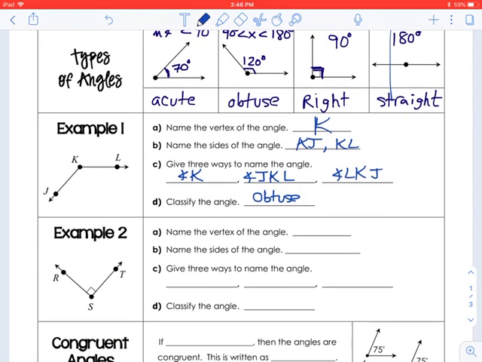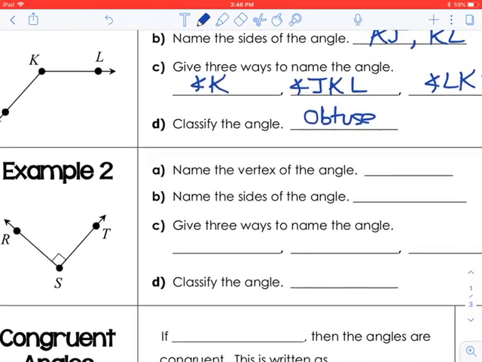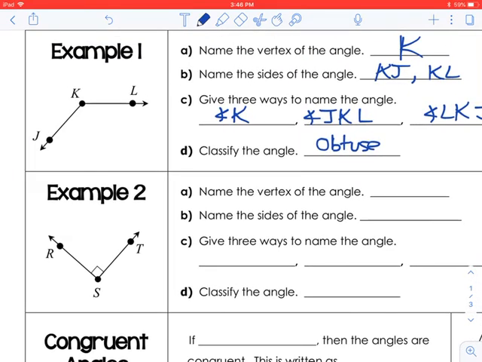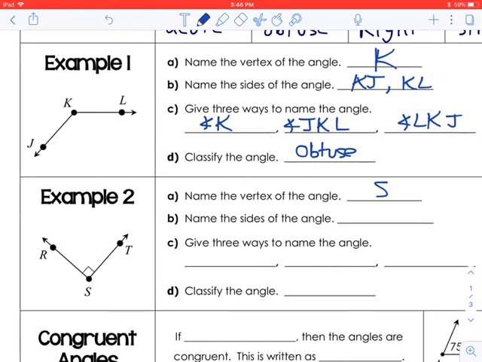Example 2, once again, name the vertex. We've got S as our vertex. The sides start with S. SR is a side, and ST is a side. I'm just going to put those up there, SR and ST. They are rays, but having those labels is okay.